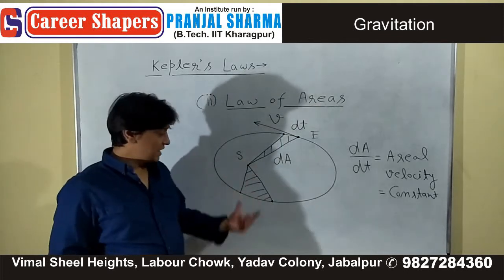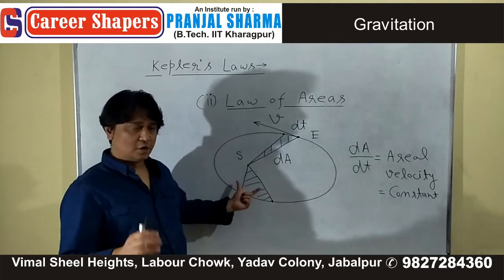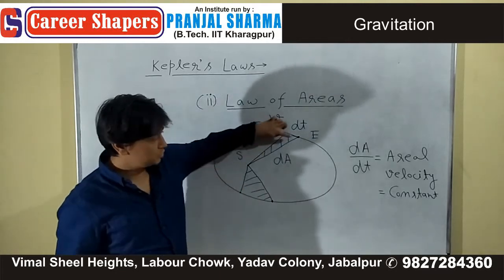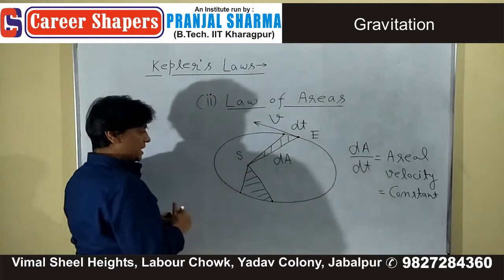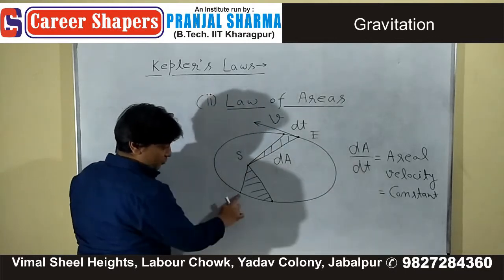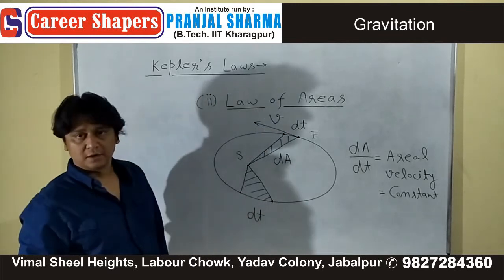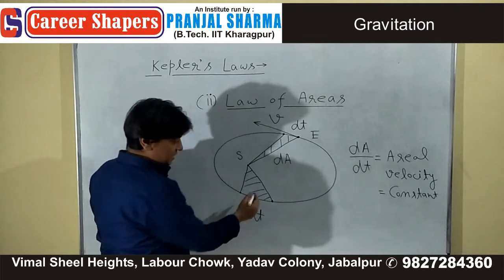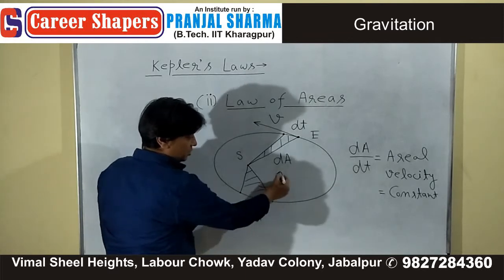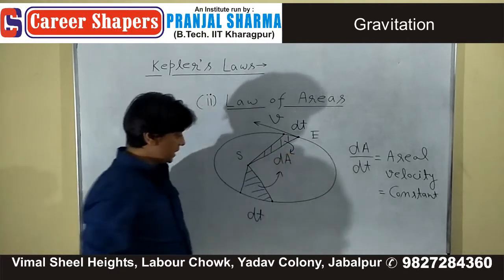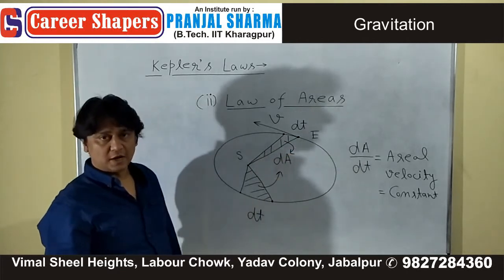It may seem that this area is larger, but no. Look at this height. This height is less as compared to this. And therefore, when Earth moves from this position to this position in time dt, you will find that this area is also dA. This area is dA, this area is also dA.